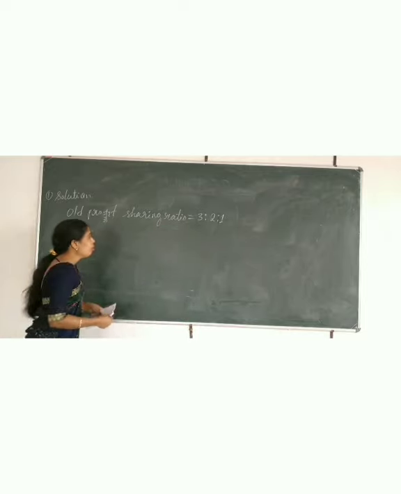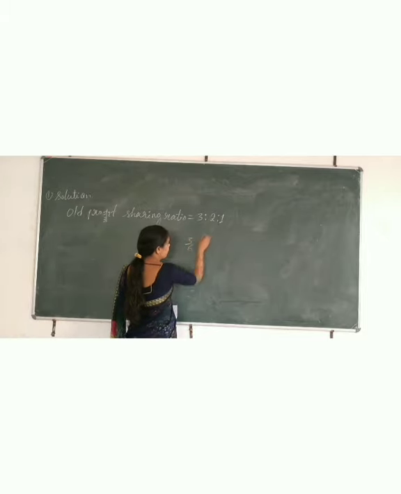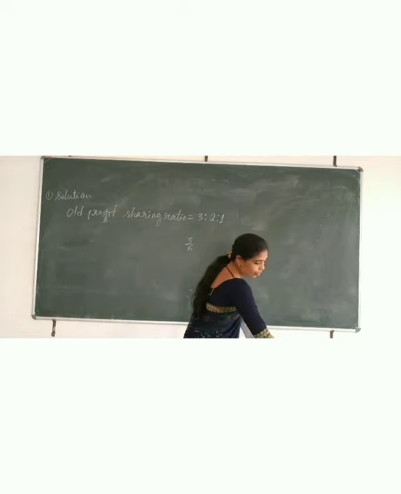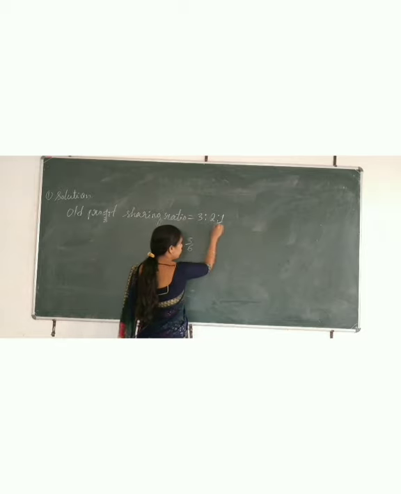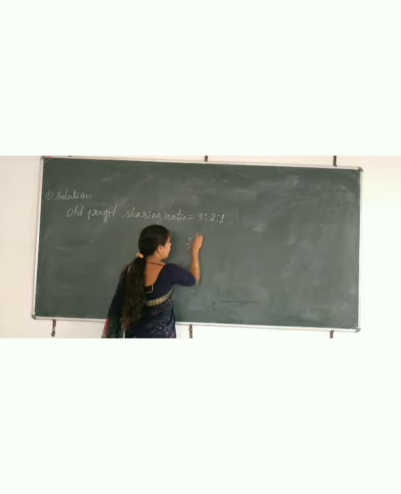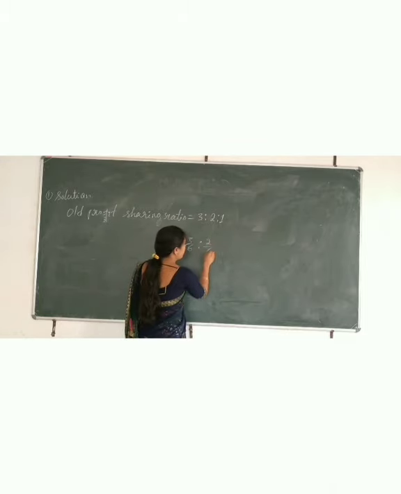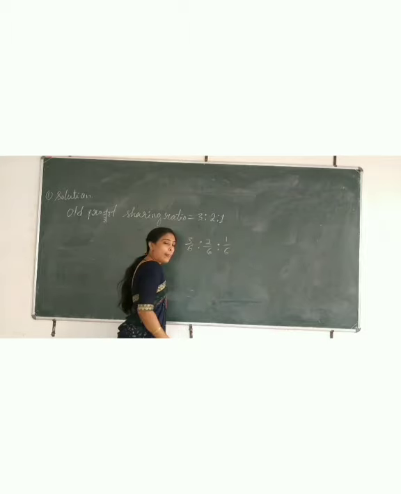So here Alka's share is 3/6, next Harpreet, next Shreya. 3 plus 2 plus 1 is 6, and Alka's share is 3, so 3/6. Next Harpreet's share is 2/6 and 1/6 is the share of Shreya.